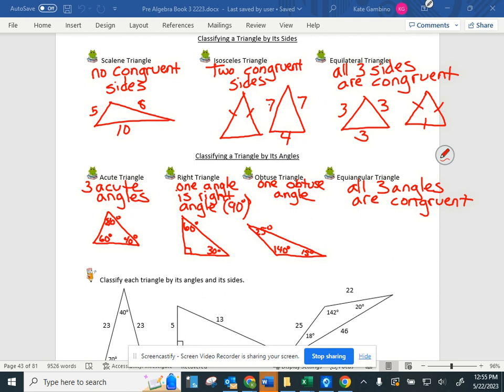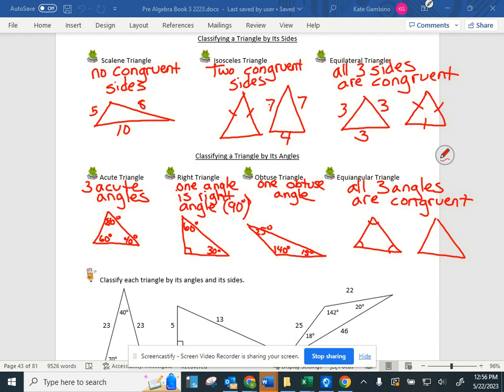So we can show that in two different ways. We can do the arcs to show that they are all three congruent, or we can give them their angle measurements. What degree does it have to be if it is an equiangular triangle?